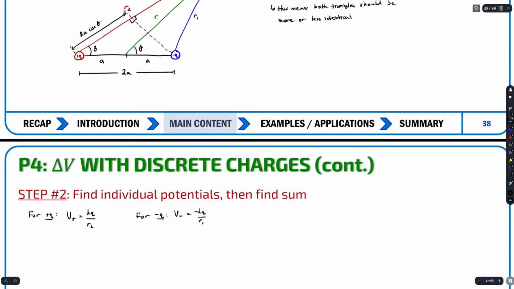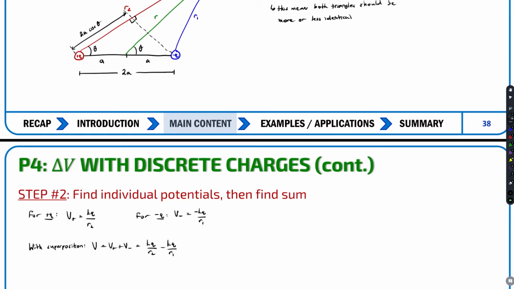But by superposition, you have V total equals V plus plus V minus, and you end up with kq over r2 minus kq over r1.